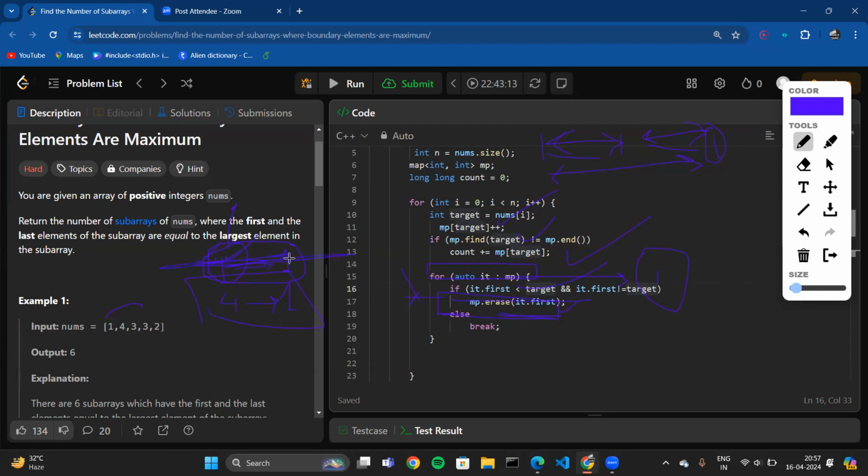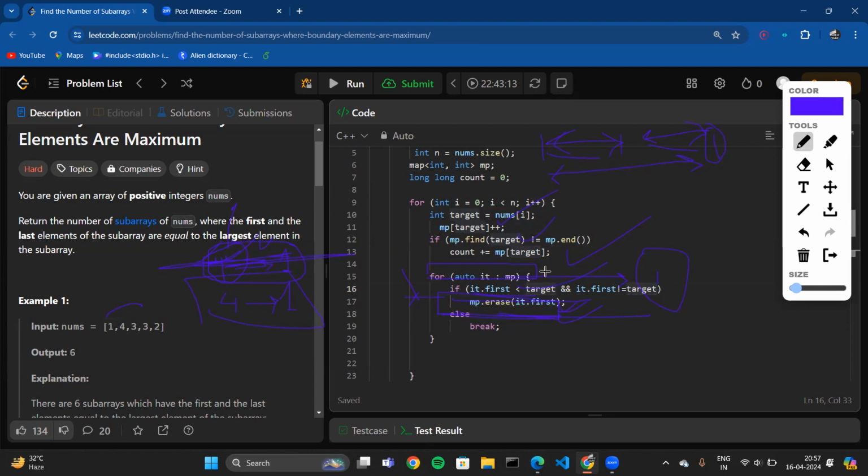So I need to erase this entry. 1's contribution is already counted. So if there is an element smaller than the target, then that element can never be my answer. Hence, I will erase that from my map completely, because there is an element in between which is greater.